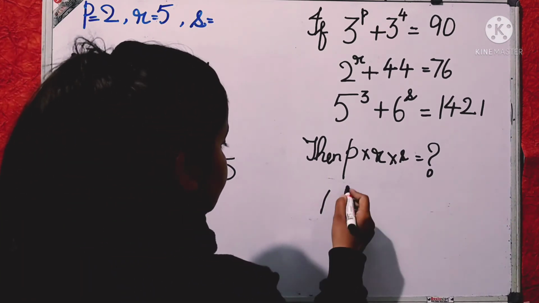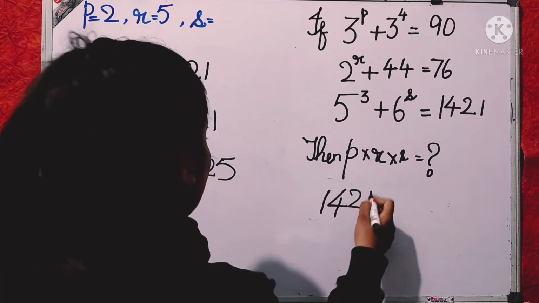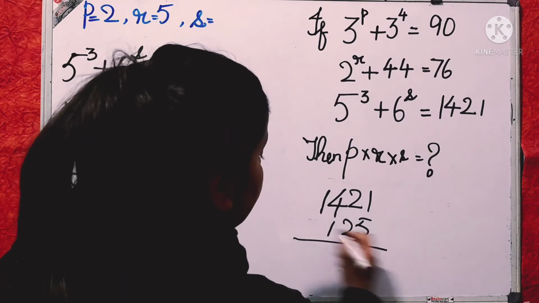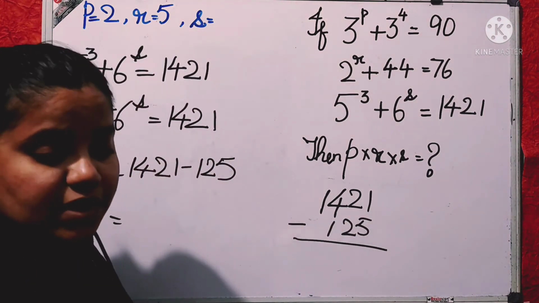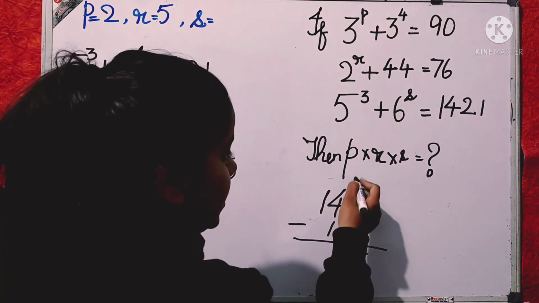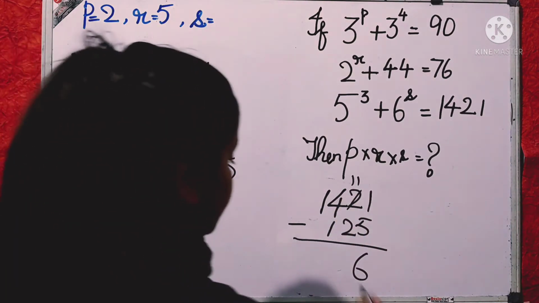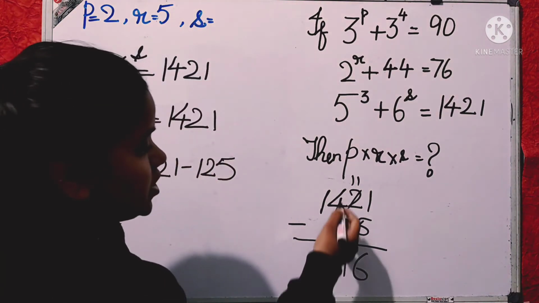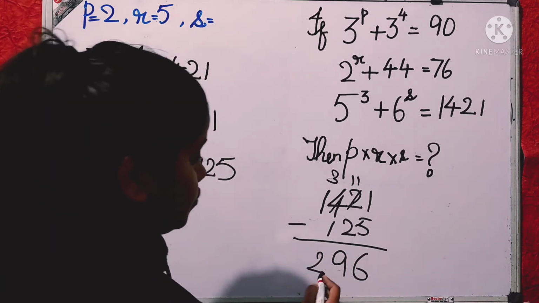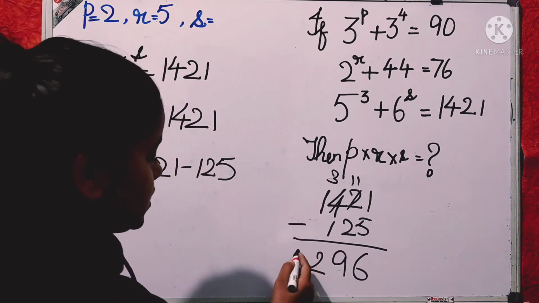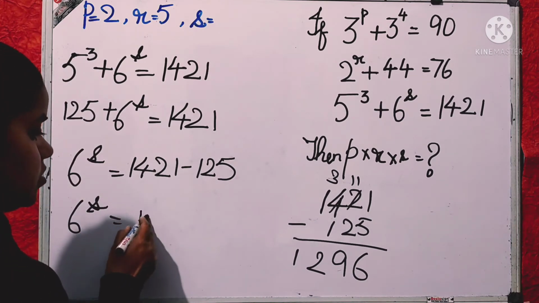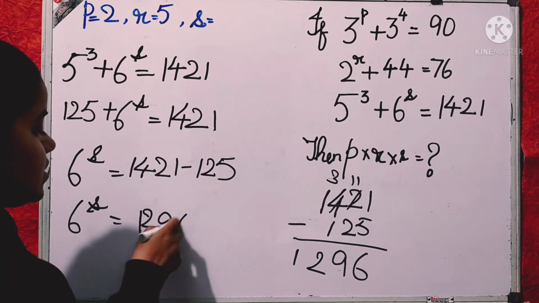Here we'll have 11, 11 minus 5 is 6. Again I'll have 11, 11 minus 2 is 9. Now this would become 3, 3 minus 1 is 2, and this would remain as it is. So 6 raised to the power s is equal to 1296.